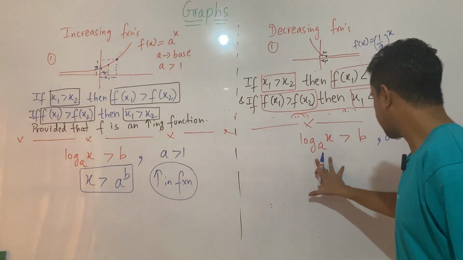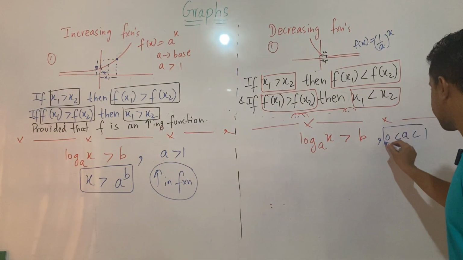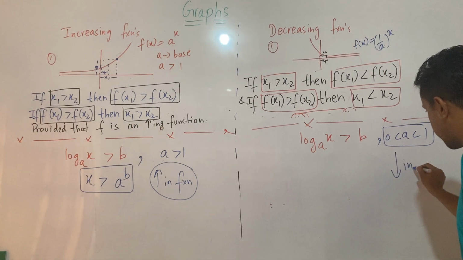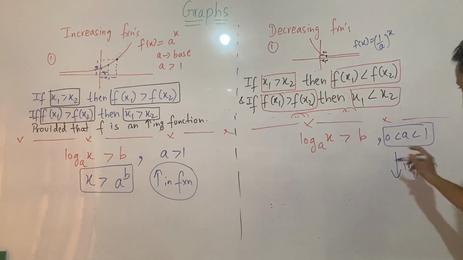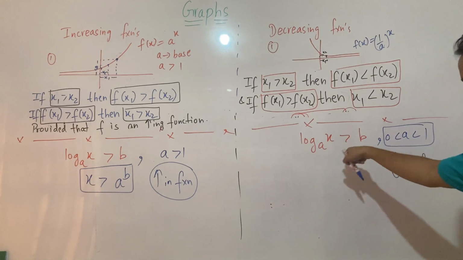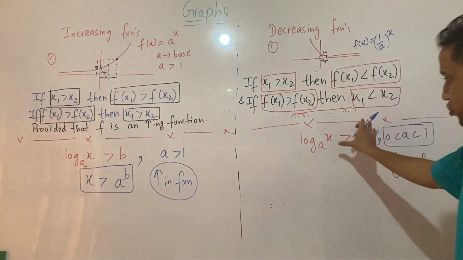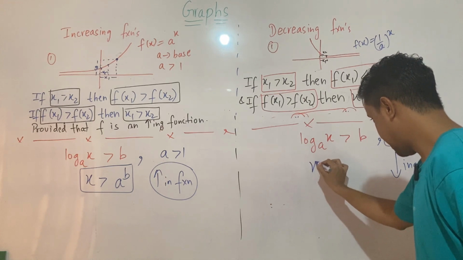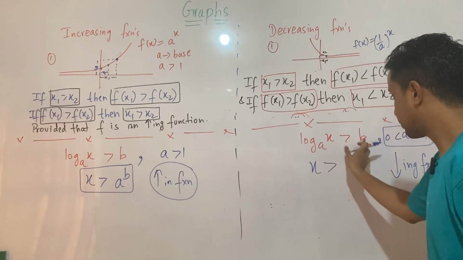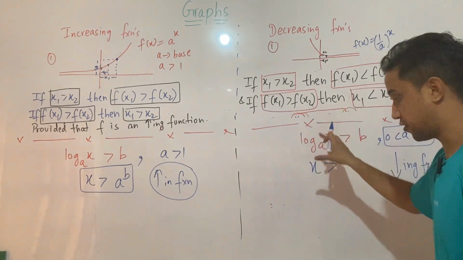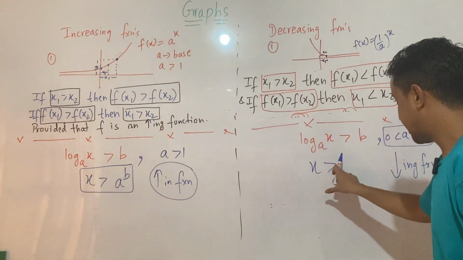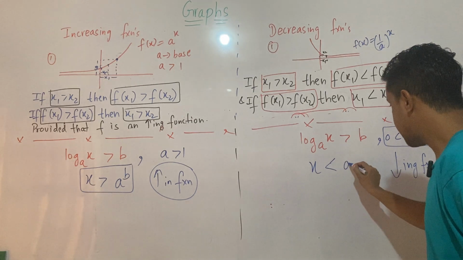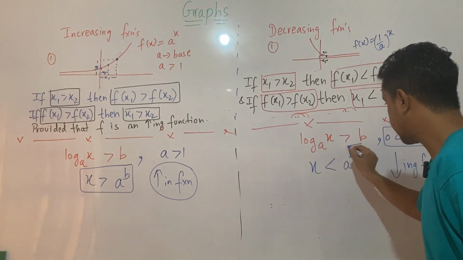And here, because this base is between 0 and 1, and this is a decreasing function, if I change this into the exponential form, I'm just going to remove the function, so x is going to be less than a raised to b.